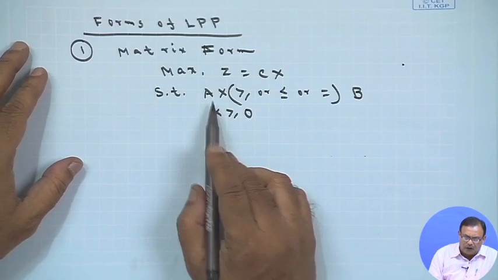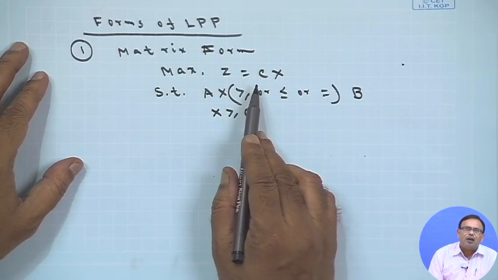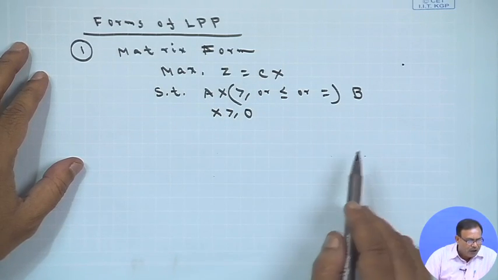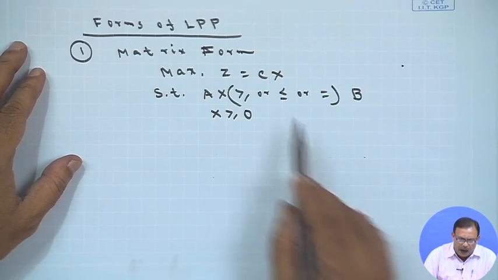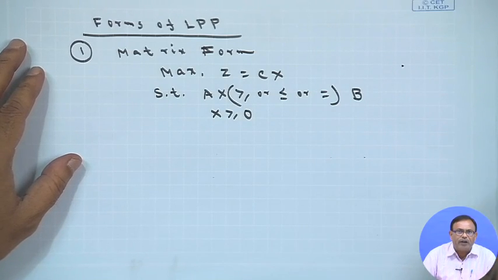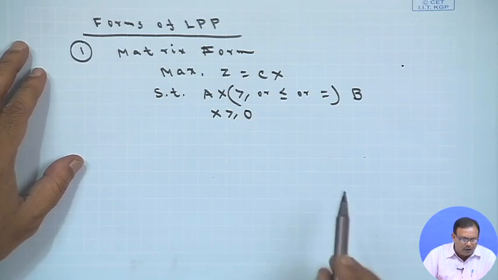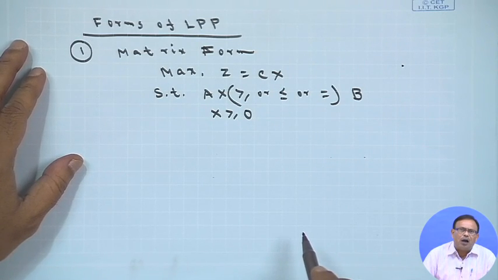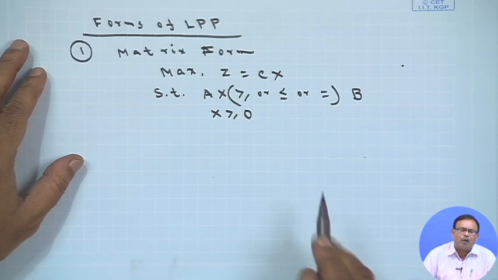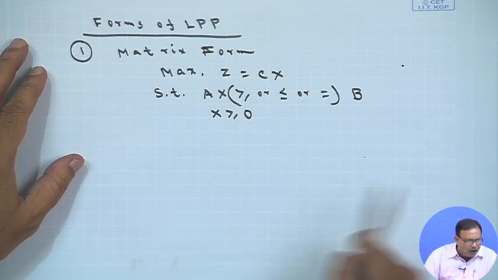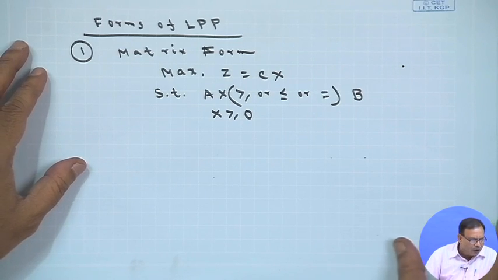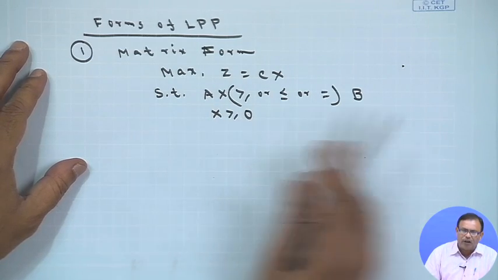Here A is the m cross n matrix, b is a column matrix m cross 1, and C is a row matrix 1 cross n, and x is the column matrix of the n decision variables. This we have told earlier. So, this is your one form, that is matrix form.